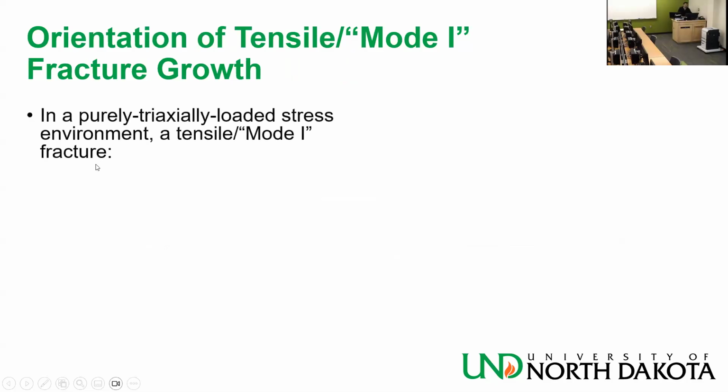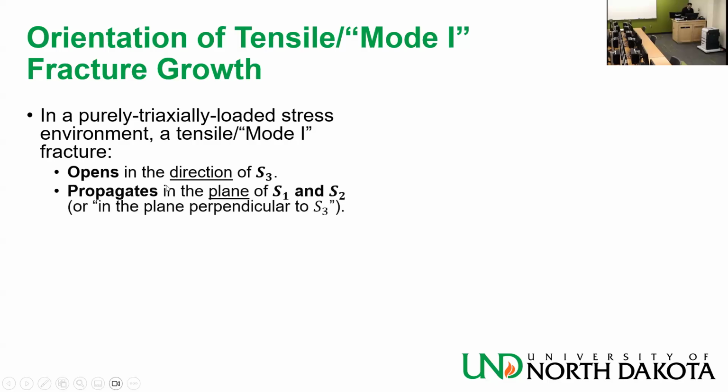In purely triaxially loaded stress environments, a tensile mode 1 fracture opens in the direction of S3 and propagates in the plane of S1 and S2, or in the plane perpendicular to S3.